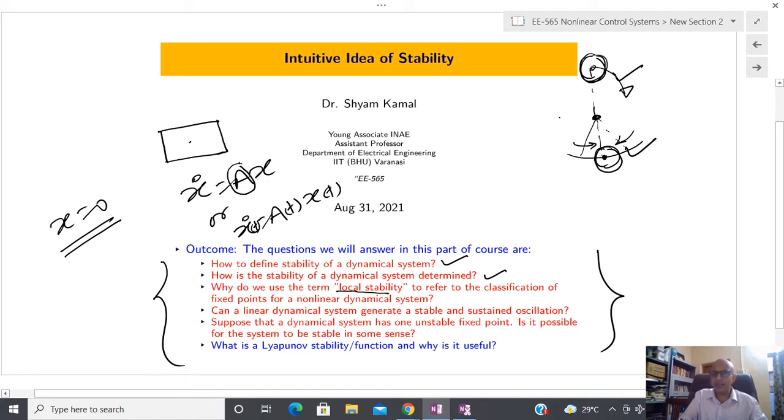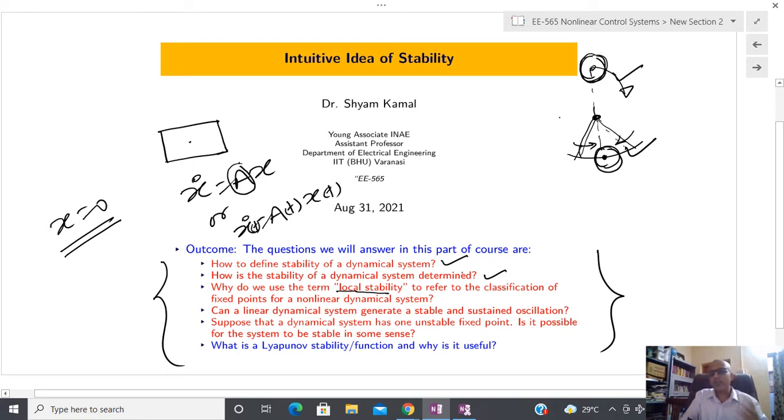I will define what stability means in the later part of this lecture, such that I can give a guarantee that if I start in the neighborhood of this equilibrium point, or our initial condition is in the neighborhood of this equilibrium point, then I have some kind of converging behavior. But here I have some kind of diverging behavior.